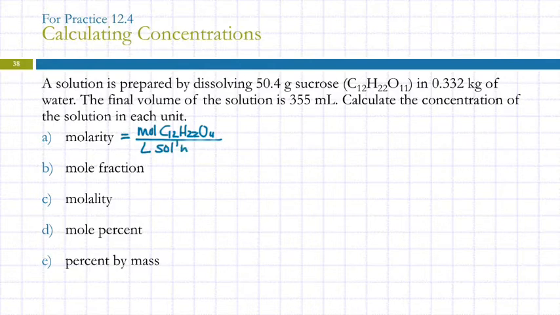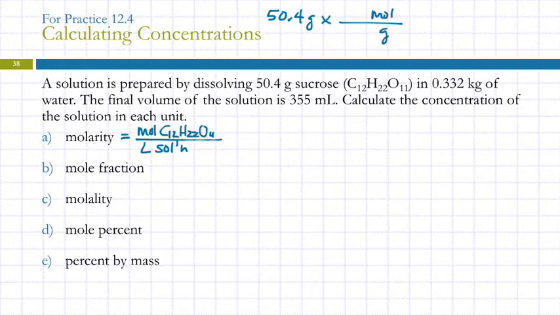So we need the moles of sucrose. They didn't give us moles of sucrose. They gave us grams. So we have to convert the grams to moles. So we've got 50.4 grams. We're going to multiply by moles, divided by grams.